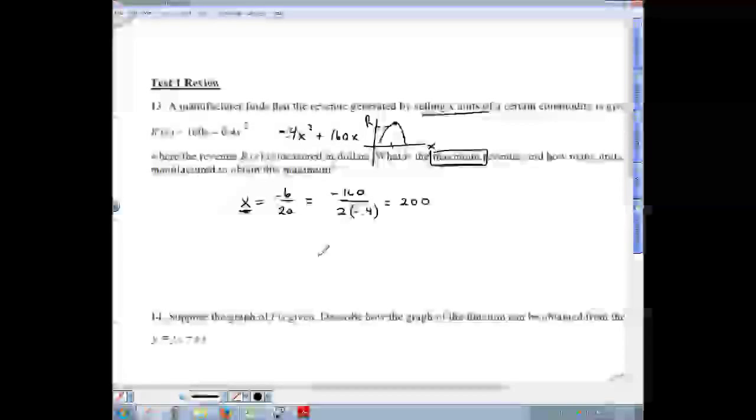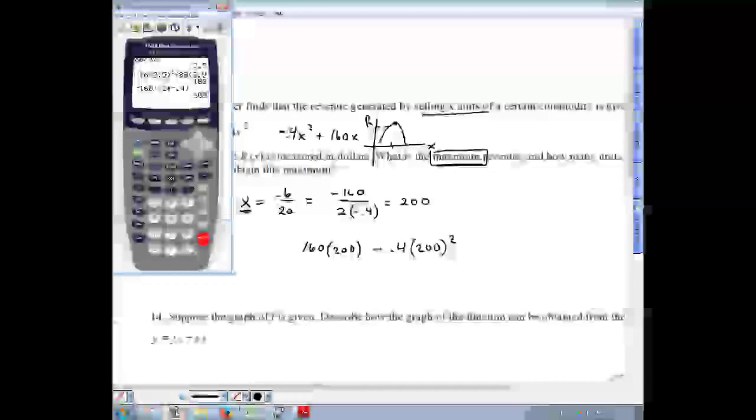But what is the maximum revenue? So you've got to figure out how much you're going to make if you sell 200 units. So you plug 200 back into the function. So it's 160 times 200 minus 0.4 times 200 squared.